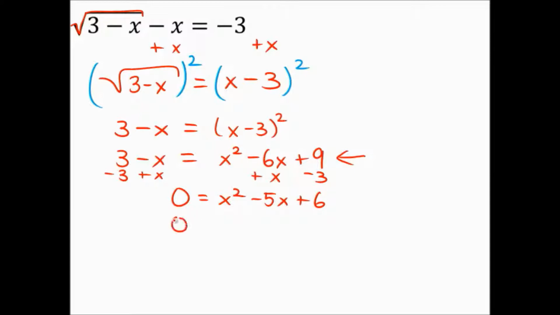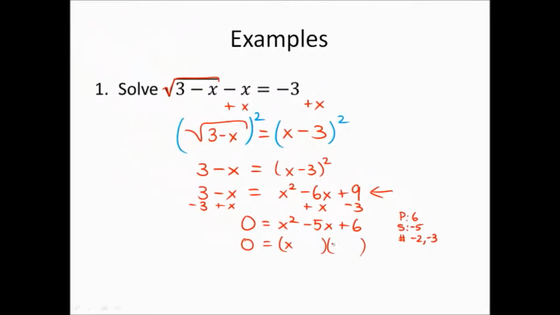Now we want to factor this because of the square. So two numbers that multiply to 6 and sum to -5 would be -2 and -3. So because there's no leading coefficient, we can go directly and input those numbers into our brackets. However, if we did have something here, remember you'd have to do the decomposition process.